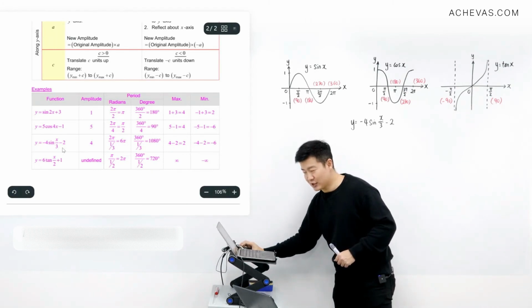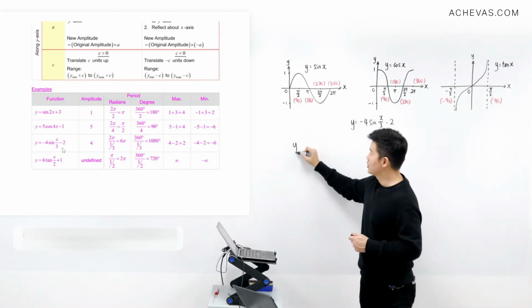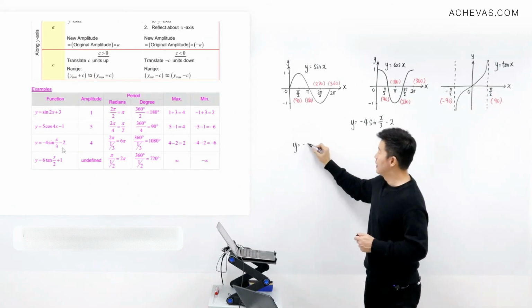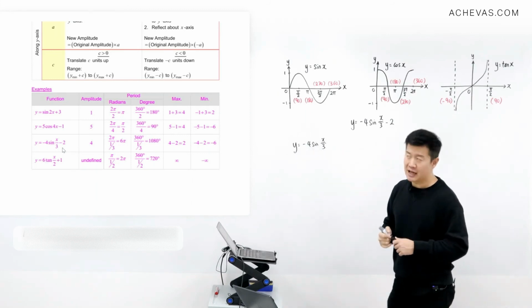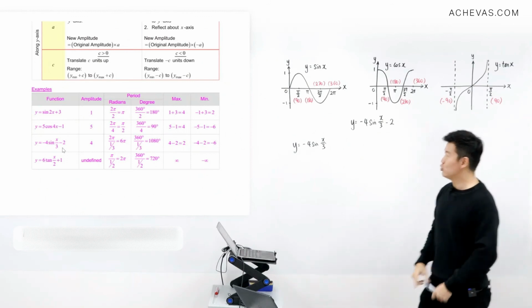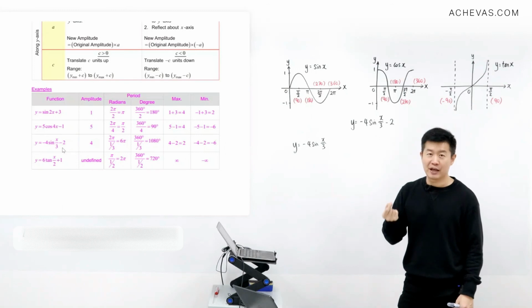Let's try to sketch this graph, and just like how we have done in the previous 2 graphs, I'm going to sketch the graph of y is equal to minus 4 sine x over 3 first. But unlike the previous 2 graphs, there is the negative here, and this negative has to be managed.